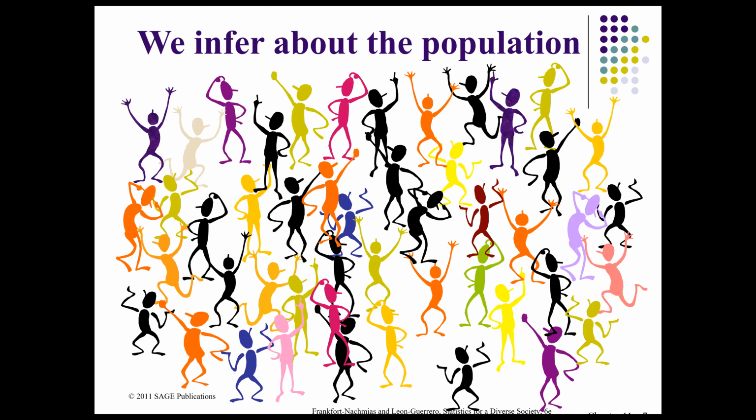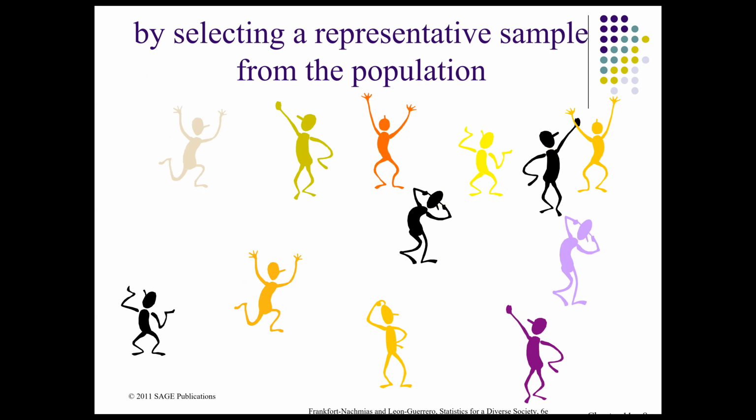And so here's a good little graphic of population versus sample. This is what we're interested in. If this is our full population, we're interested in all of these folks, right? And so we're going to take a sample from that population. And this is an example of what our sample would look like.